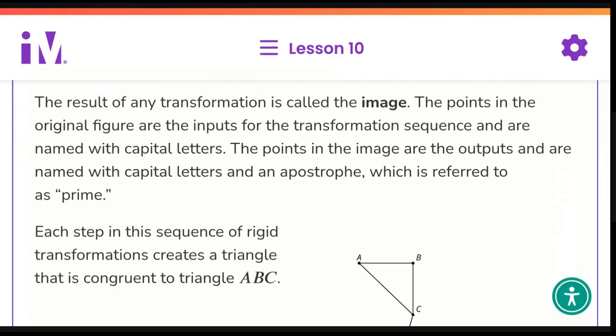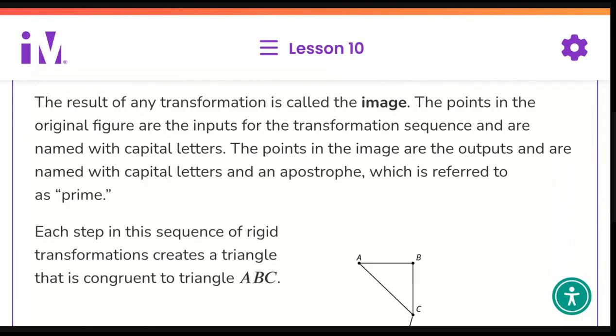As I said, when we go from an original figure, which is our pre-image, to our image, we will use the prime symbols, which is an apostrophe, to indicate which one is the first and which one is the second image. The second one will be the actual image, and that will occur after we have translated it, rotated it, or reflected it.